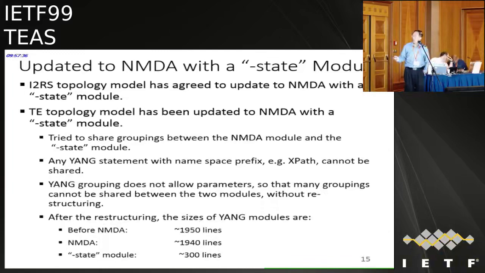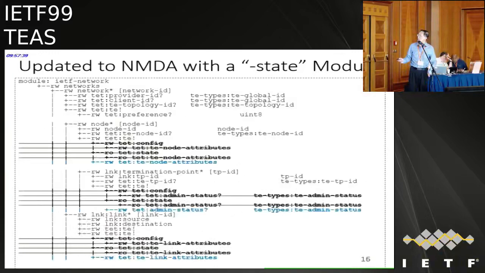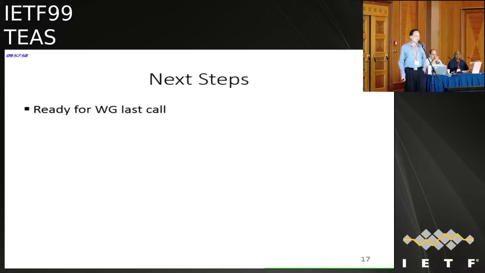So we completed those changes, and so the most changes are like something like this, right? We have a container for the config and state, and then we take them out and merge into one. Next step, we think we're pretty much done, and we are ready for the last call.